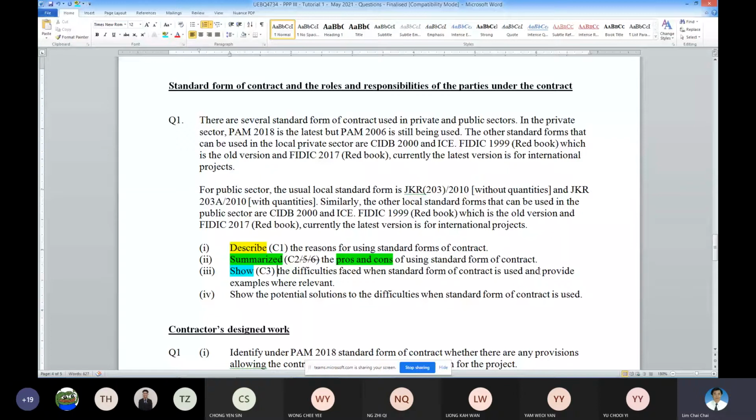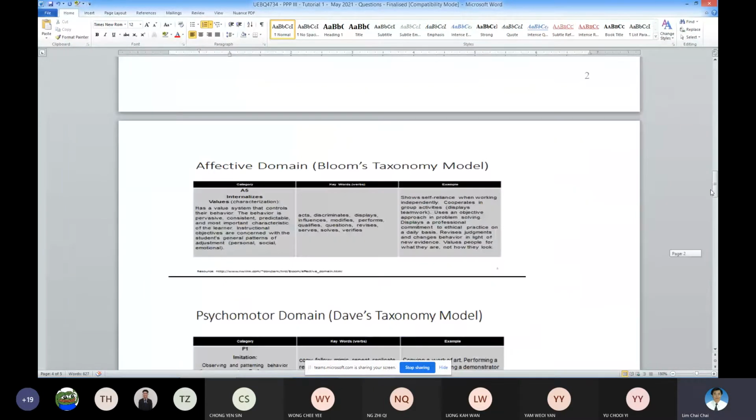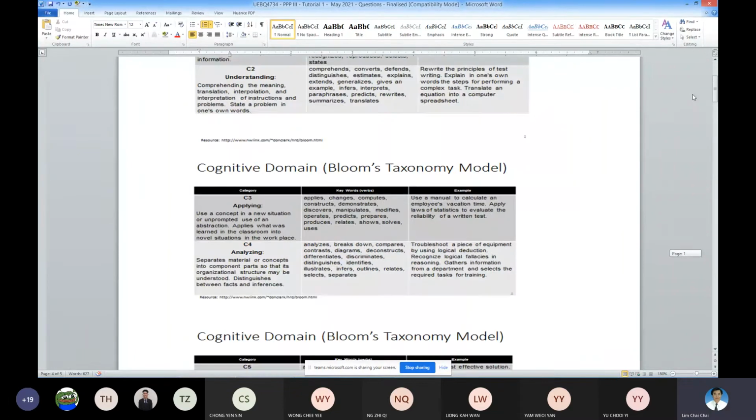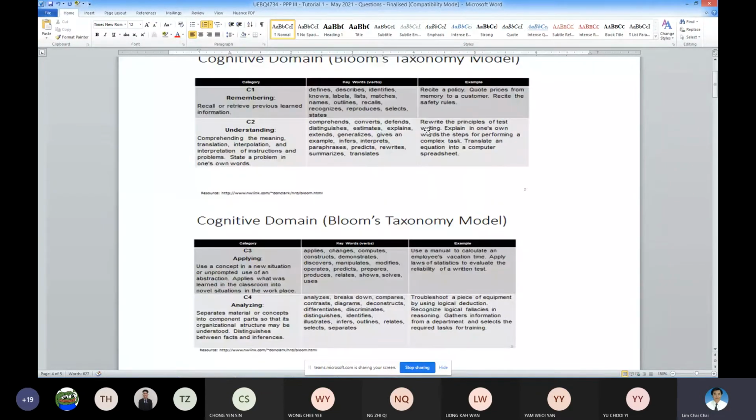Provide examples, so what level is that? You need to look at it. Does any level give you example? C2 here, there is example. Yes, you see example here in C2.